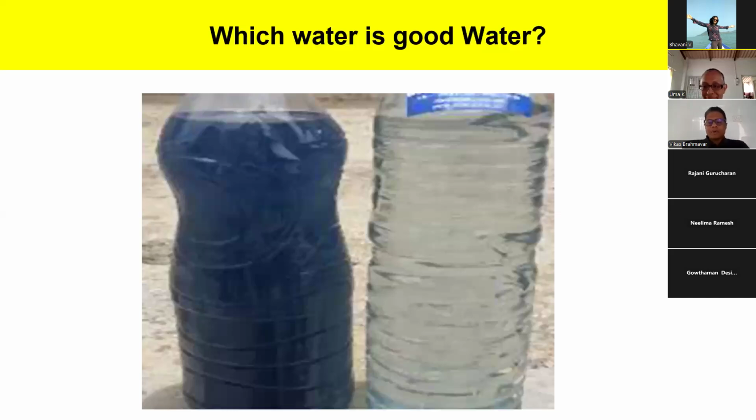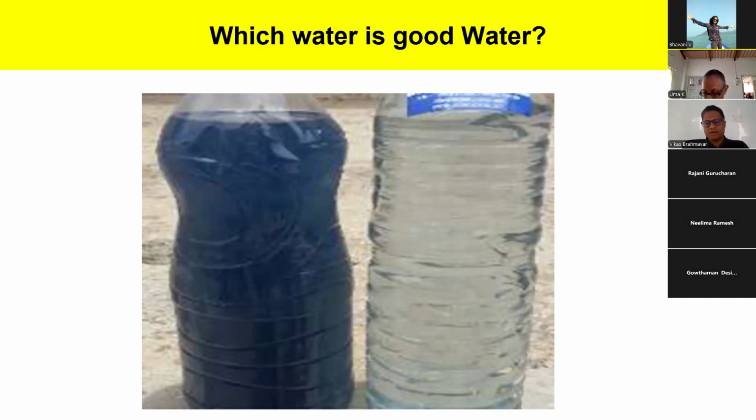But actually, the blue-colored one is better water, because it's just food essence. The transparent one is filled with heavy metals: chromium, cadmium, all these heavy metals are there in the transparent water. The idea of this example is that we have gone beyond the point where we can say visibly, when we see water, that it is good or bad.